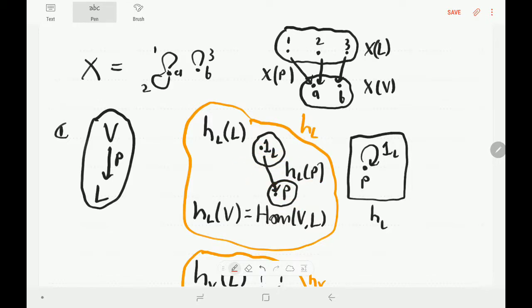It's another functor from C-op to Set, and the way it works is that, for example, h_L of V is the set of arrows in C from L to V, so it just contains p. h_L of L is Hom(L, L), it just contains the identity of L.